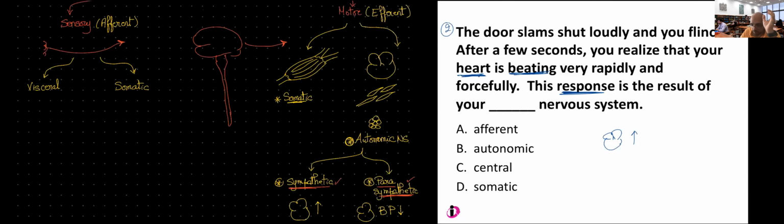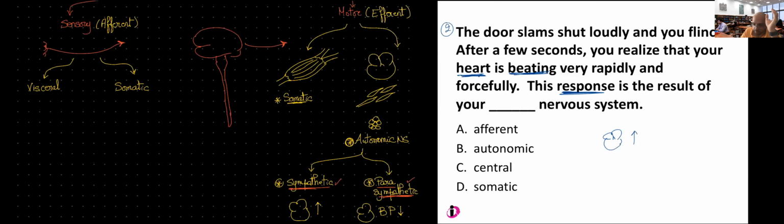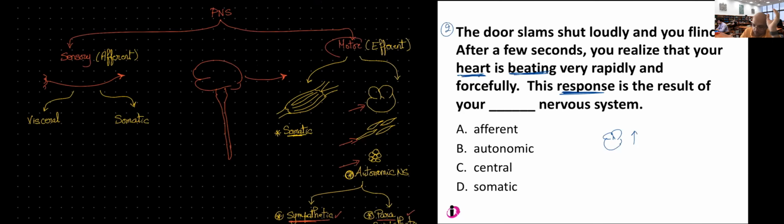What do you think? Remember, if I am enhancing the cardiac muscles to contract, smooth muscles to contract, or glands to secrete, all this is part of my motor, remember? So my heart is beating fast. Is this motor or sensory again? One more time.